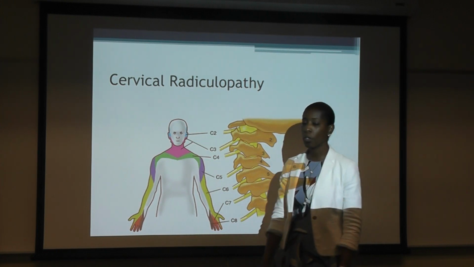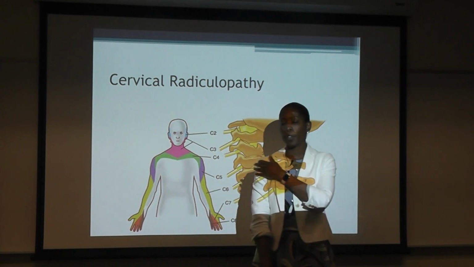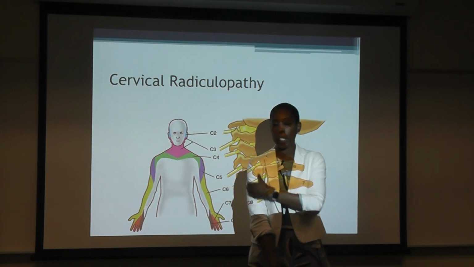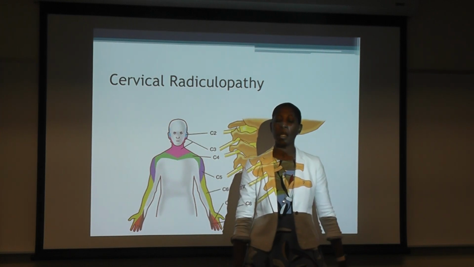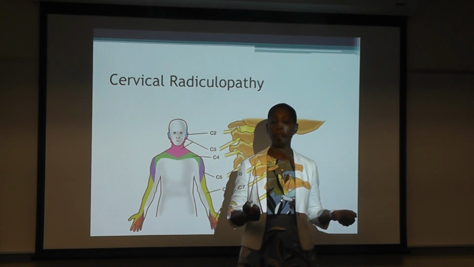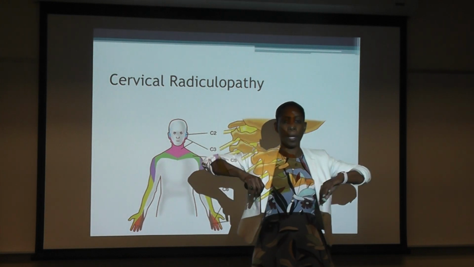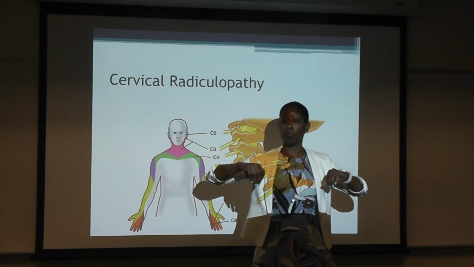So you're going to have this patient, and this person comes in and they're complaining of severe pain that's in that area here. You want to check to see if they have good deltoid strength to indicate maybe there's a C5 cord compression. So you're going to have them pull their arms up, and then you're going to press down on their arms, and they're supposed to be able to resist you.